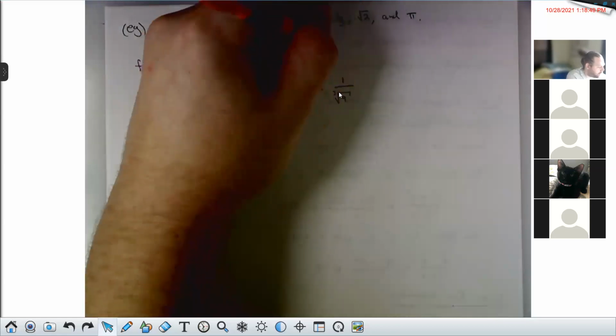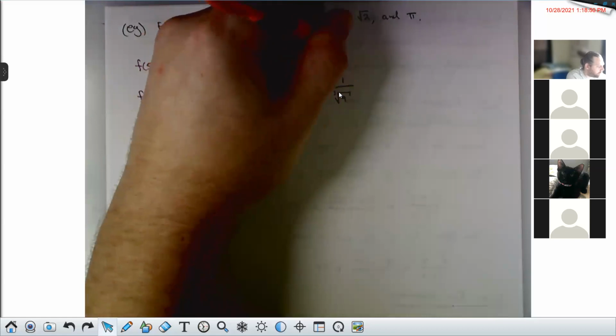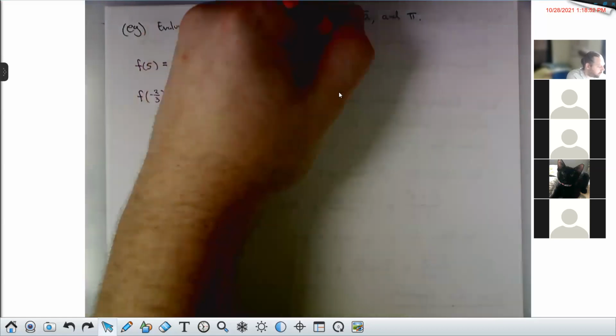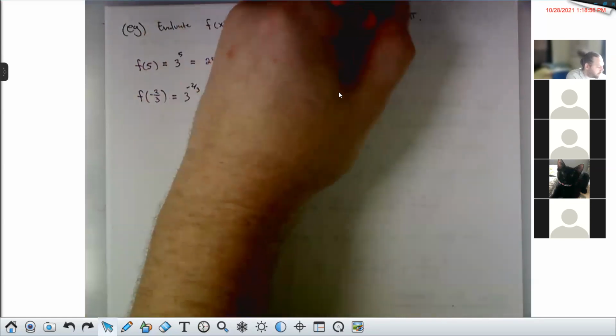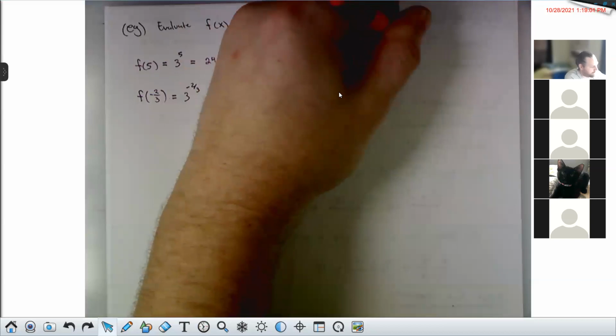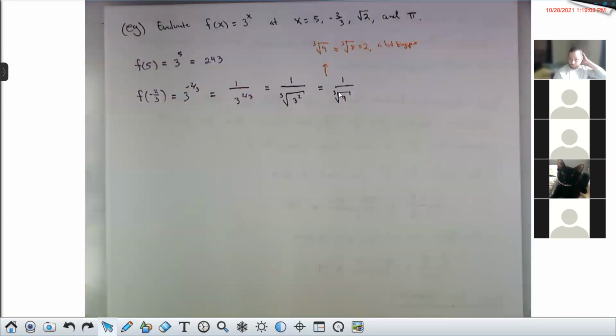The cube root of 9 should be pretty close to the cube root of 8, which is 2, just a bit bigger. The cube root of 8 is exactly 2, so the cube root of 9 should be something a tiny bit bigger than 2.